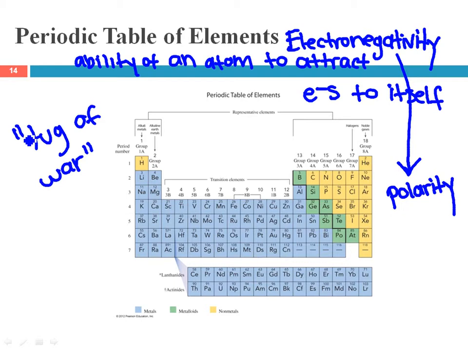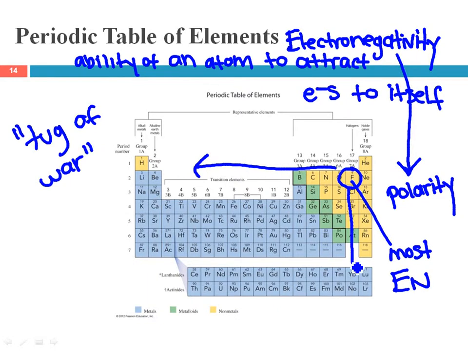Okay, so it's pulling those electrons towards itself away from another atom. And the most electronegative element is fluorine. So EN stands for electronegative. Okay, it is the most electronegative element. So if you move away from fluorine or you move down from fluorine, then it's going to become less electronegative. Okay, and once again, electronegativity is the ability for an atom to attract electrons to itself.